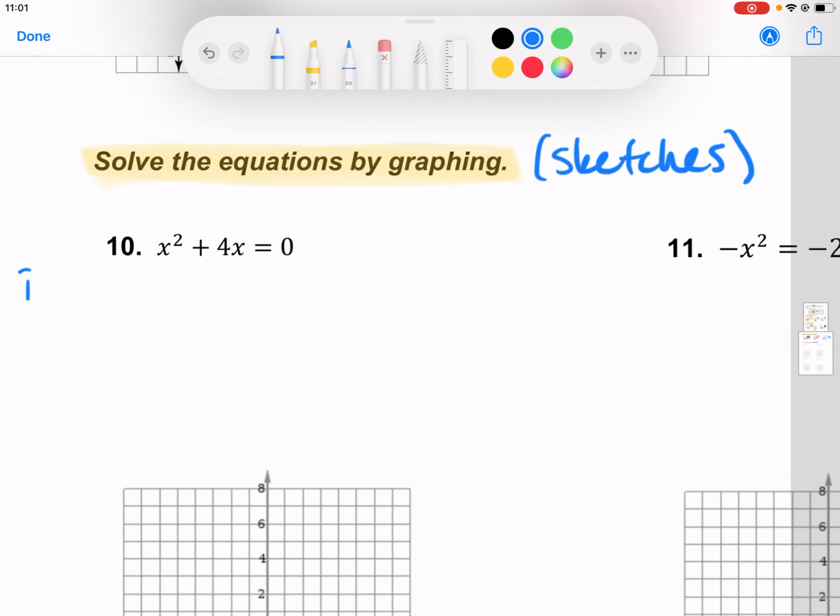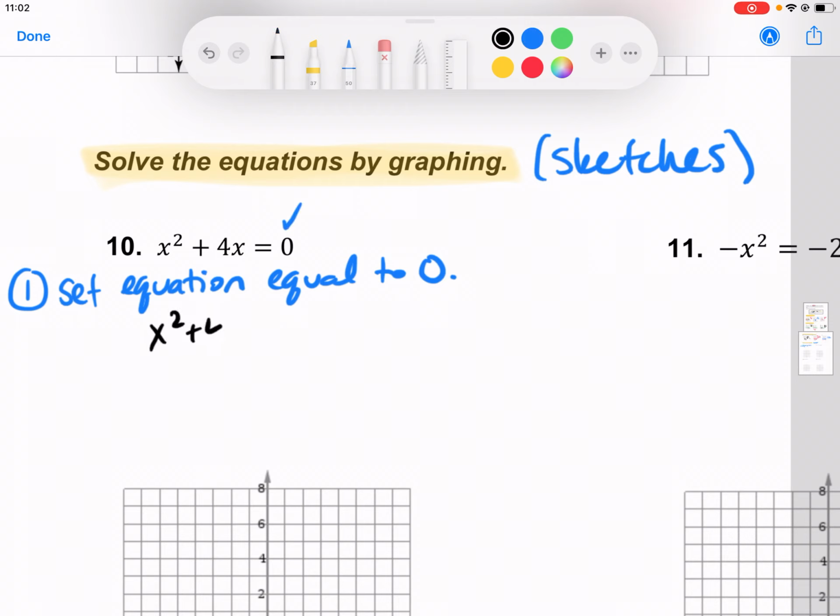So first step is to set the equation equal to 0. So we've already set that, so we've got x squared plus 4x equals 0.